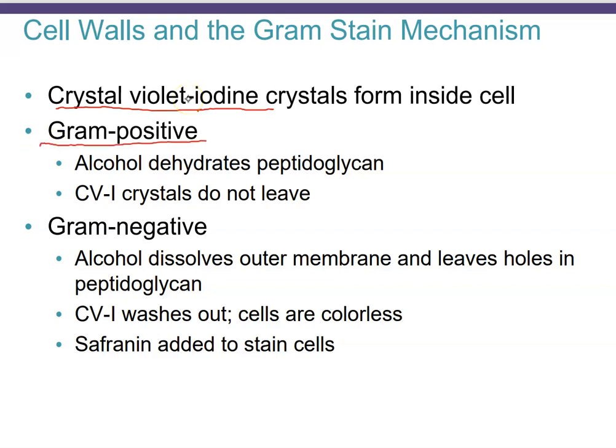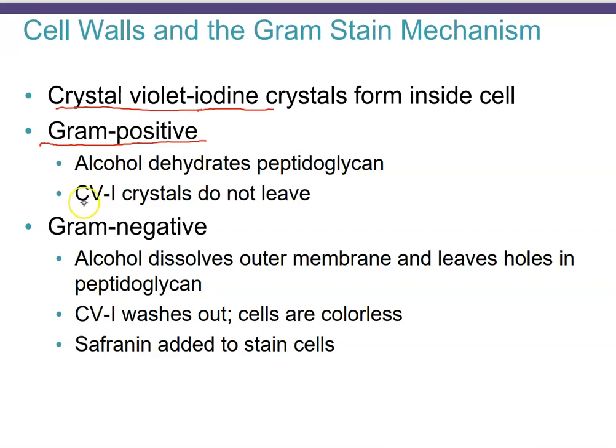So in the gram-positive cells, when we try to wash out the crystal violet iodine complex, two things will happen. The alcohol, first of all, dehydrates the peptidoglycan and makes it even more impermeable. It just makes it a real thick layer, and the dye will not be able to leave.